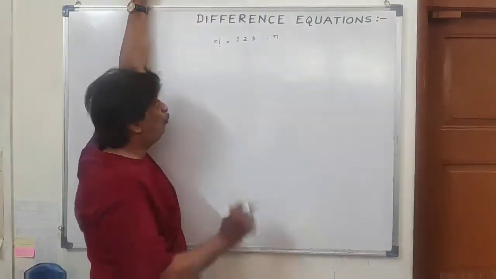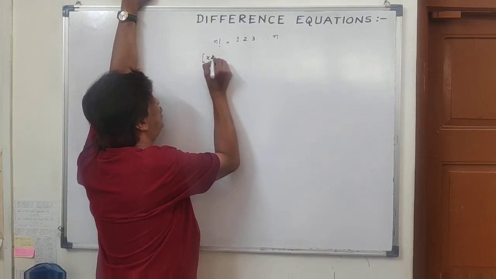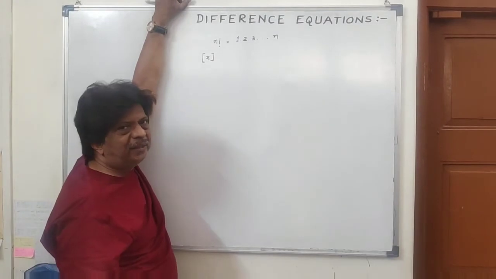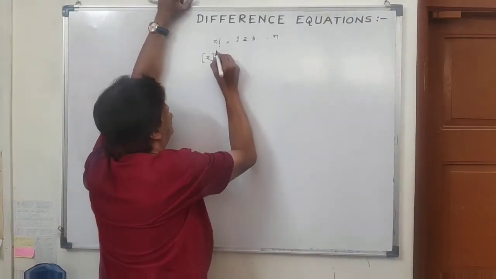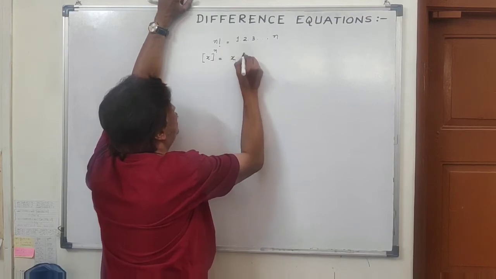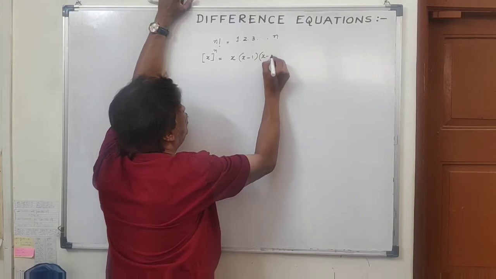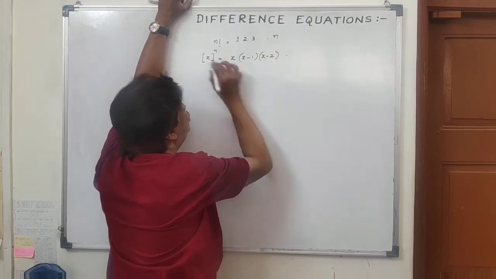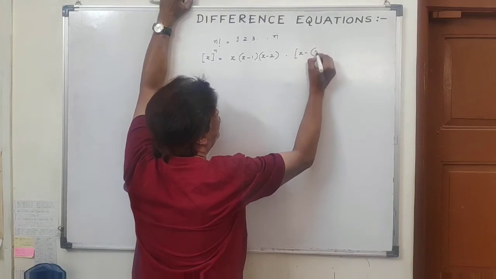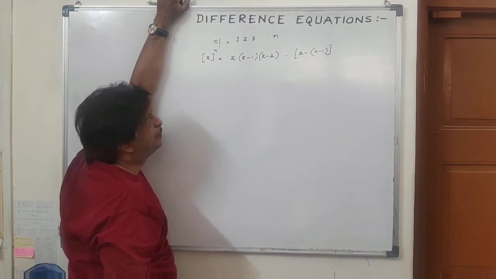Now, the factorial polynomial. It is denoted by the bracket notation x raised to power n. It is defined as x into x minus 1 into x minus 2, reduced up to x minus n minus 1.